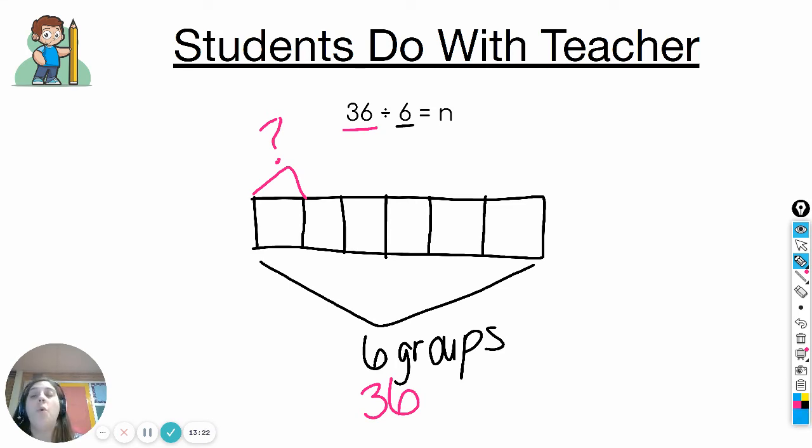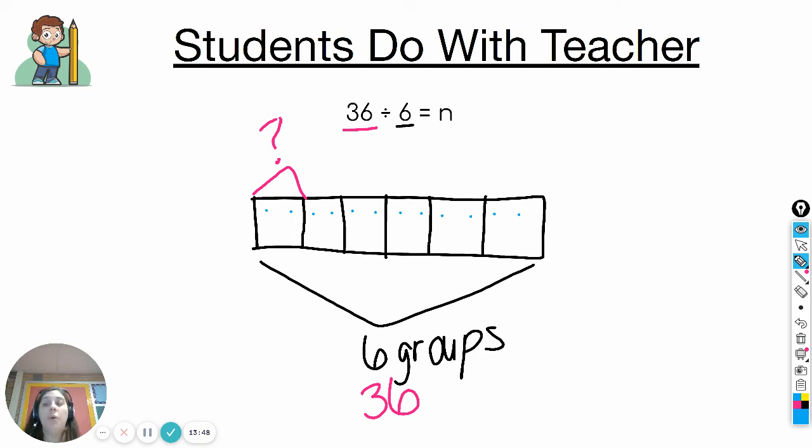We're just going to put one dot in each group until we get to 36. 1, 2, 3, 4, 5, 6. I'm not at 36 yet, so I keep going. 7, 8, 9, 10, 11, 12. And I got to keep going. I'm not at 36 yet.